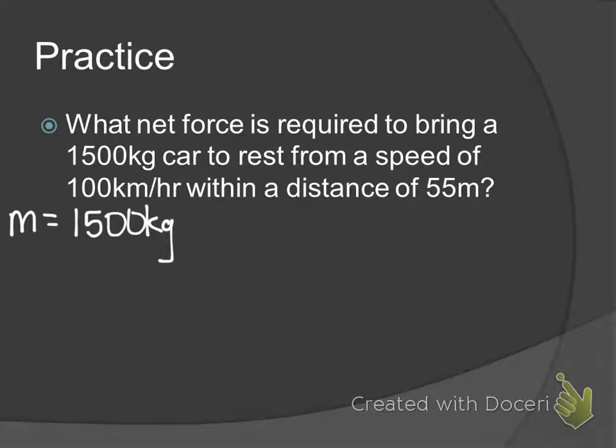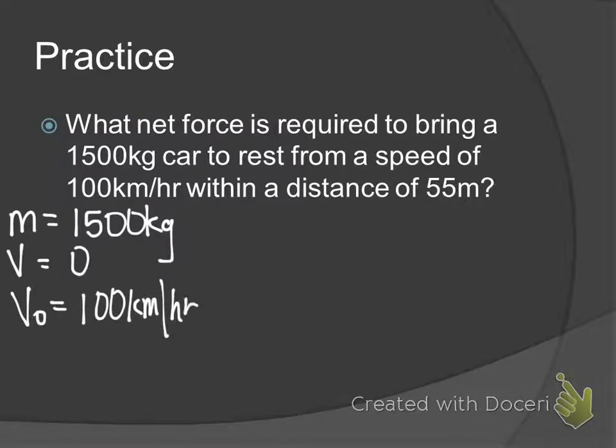What variable does that give us? Final velocity. That means our initial velocity, if we're coming from a speed of 100 kilometers per hour, must be V sub O equals 100 kilometers per hour. And that makes 55 what variable? D. Oh, sorry, X. Wrong class. X, right, that's our displacement in the X direction, which would mean X sub O is equal to 0.